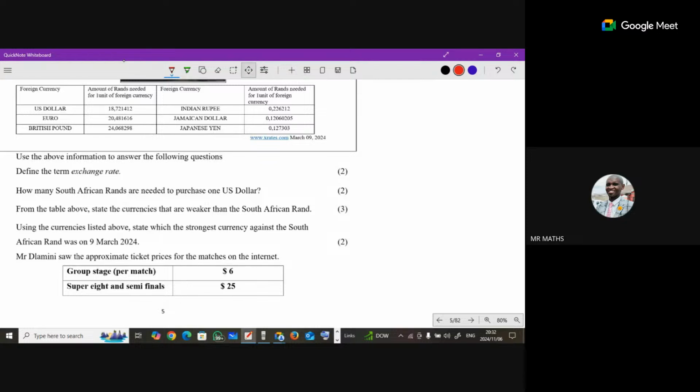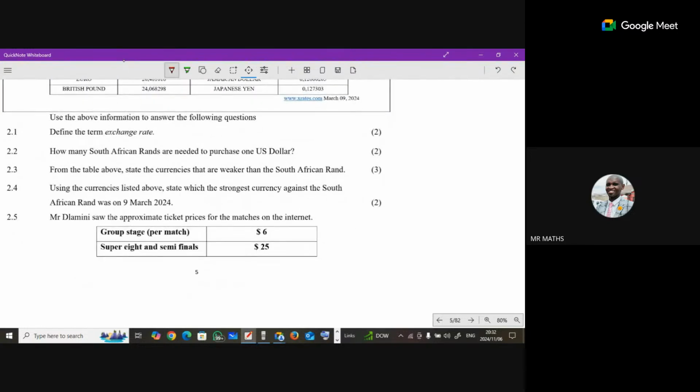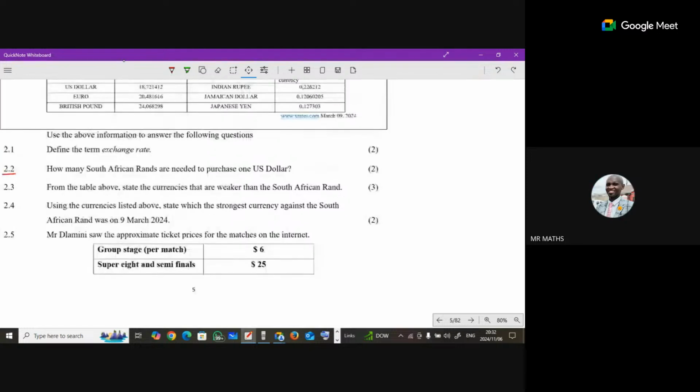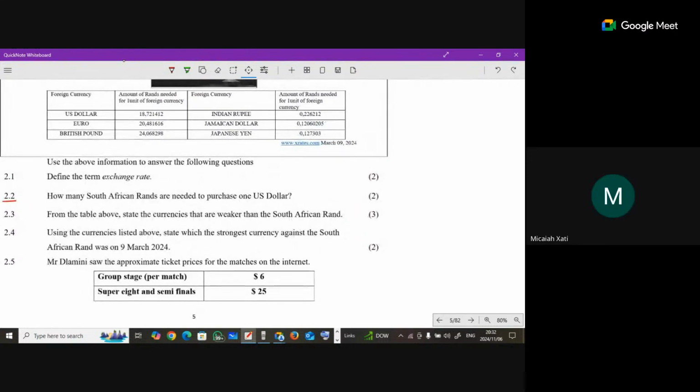I hope I can respond. So we can move on to question 2.2, because the backup you will get on YouTube. Okay. How many South African rands are needed to purchase $1 US?